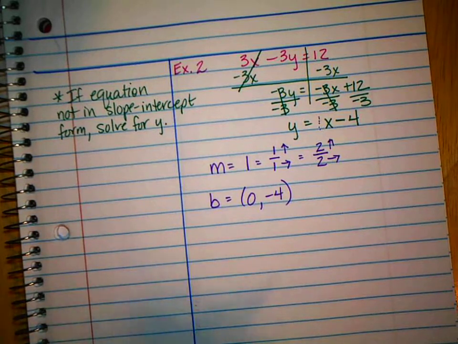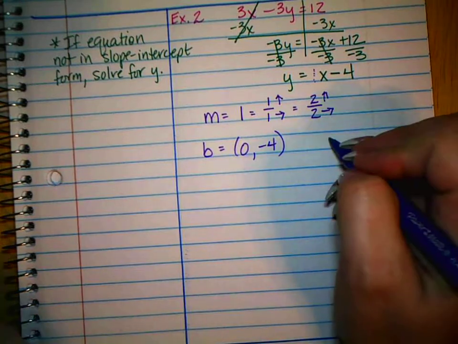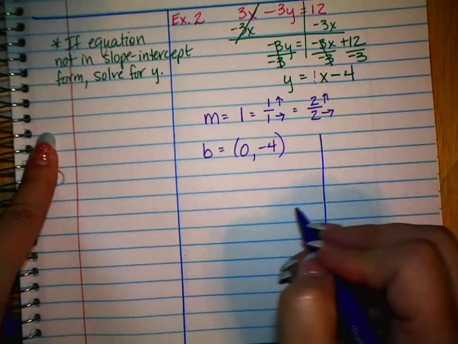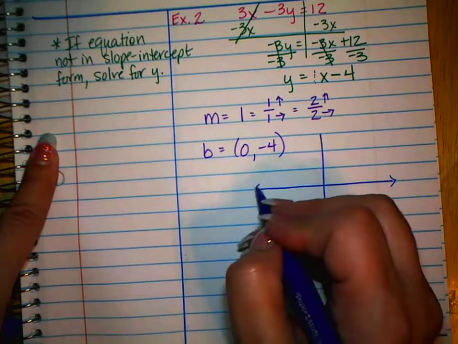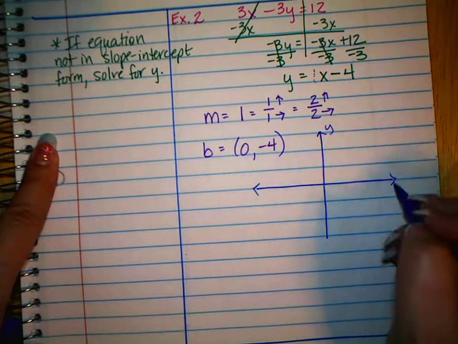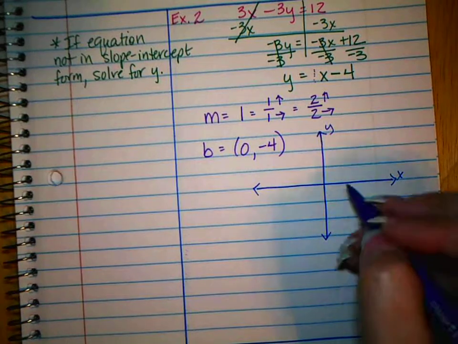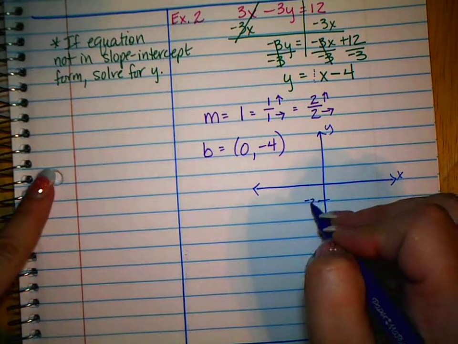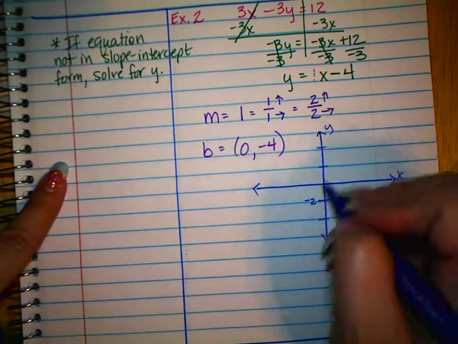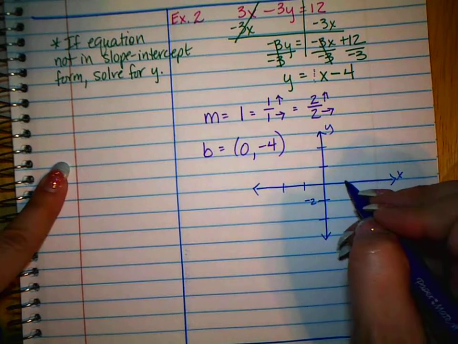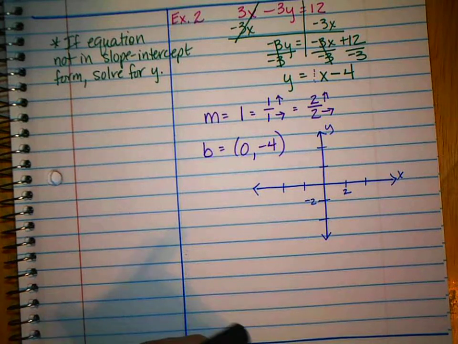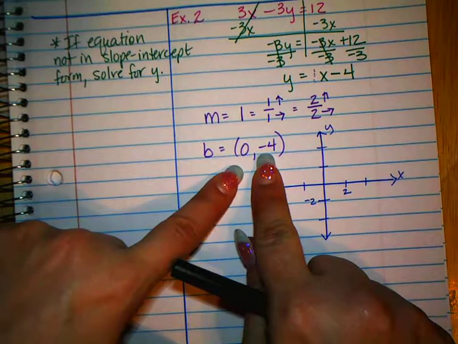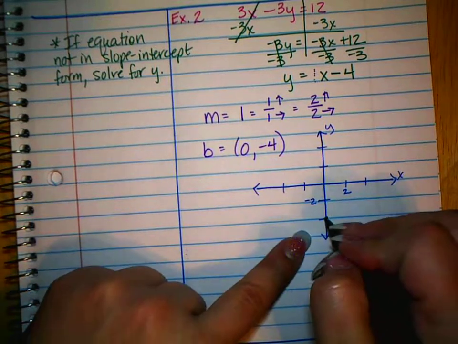So let me sketch in my graph. Okay, we start with our y-intercept, (0, negative 4).